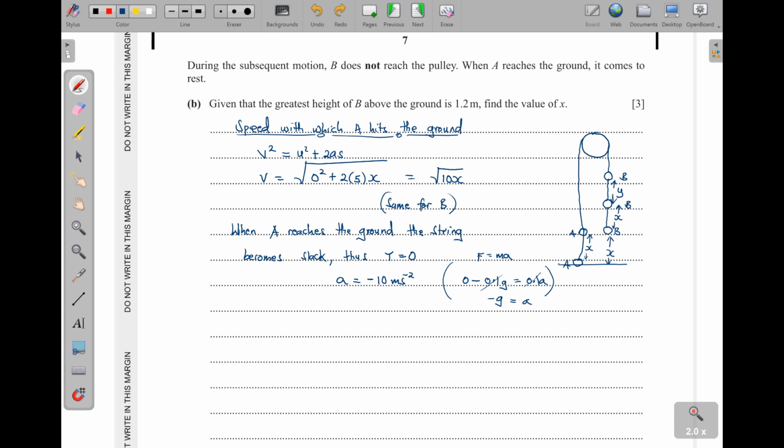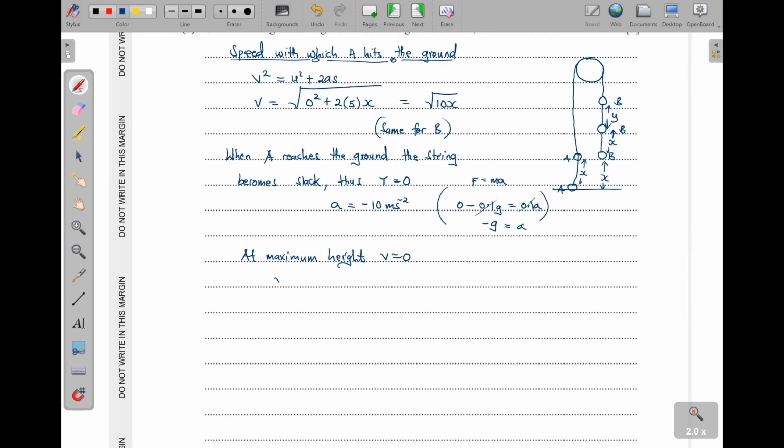Now, after that, we look at this maximum height here, where it has reached. At maximum height, V is equal to what? 0. Now, I can use V squared is equal to U squared plus 2AS. Now, I'm finding this distance y. So we shall have V is 0, and then the initial speed, the speed it starts with here, is the one we got here.